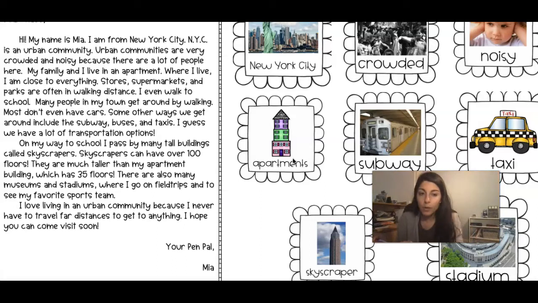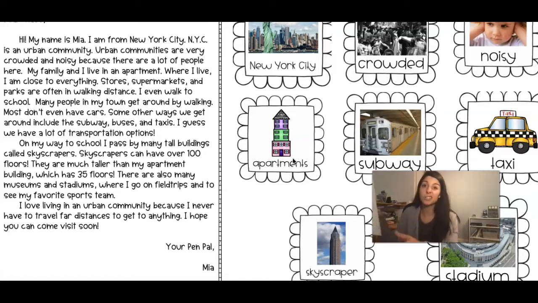And then we also heard that people get around by riding the subway and taxis and walking. So for number 4, we can write taxis, subway, and walking. So let me show you what that looks like on my paper.